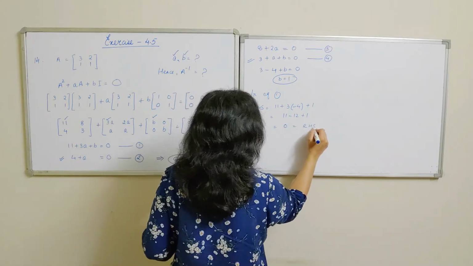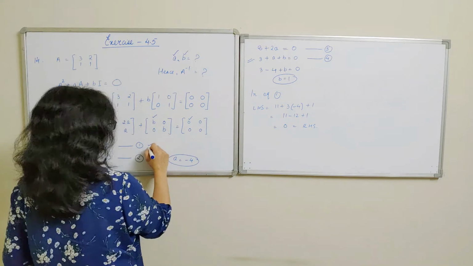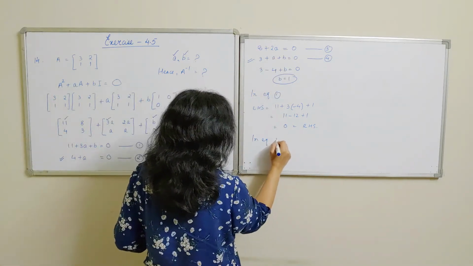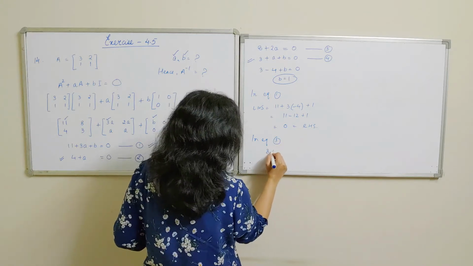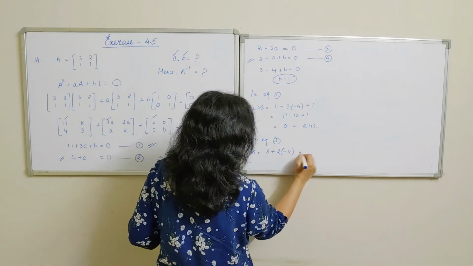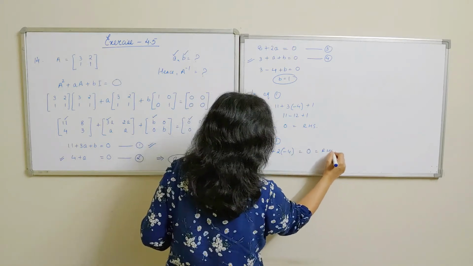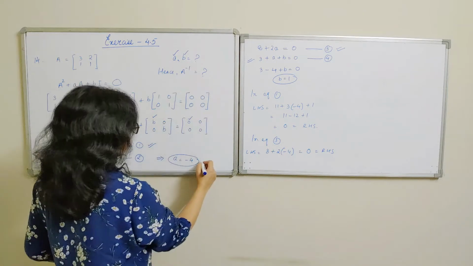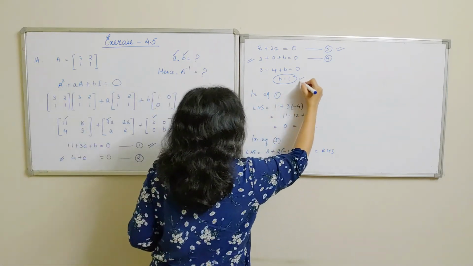So values of a and b satisfy the first equation as well. Cross checking the third equation, in equation 3, the left hand side is 8 plus 2 into a, which turns out to be 0. So both the equations are satisfied. Hence we have got value of a and value of b.